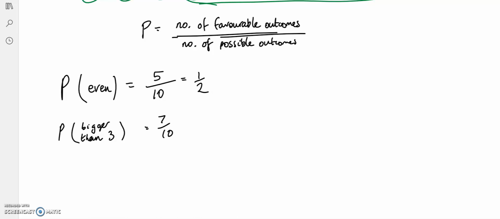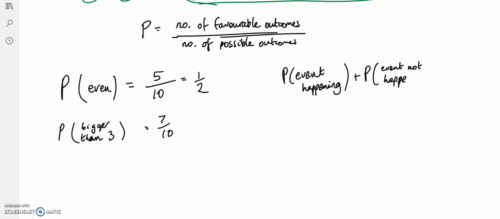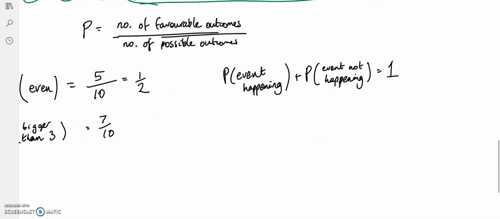Just one wee thing to comment here. If it's 7 out of 10 for being bigger than 3, it would be 3 out of 10 for being less than or equal to 3. It's really important that we appreciate that the probability of an event happening plus the probability of an event not happening equals 1 whole.